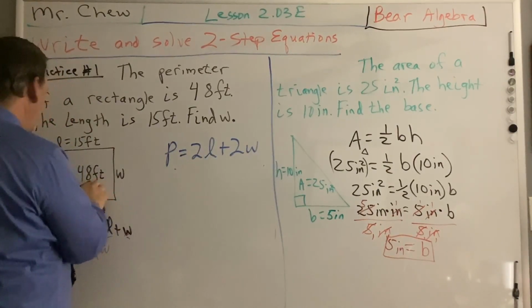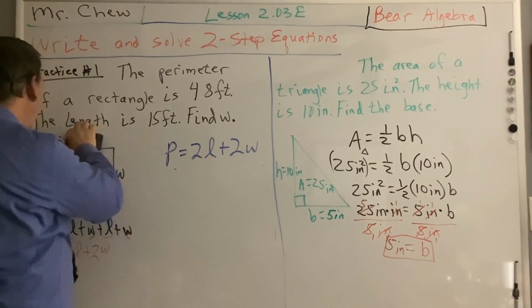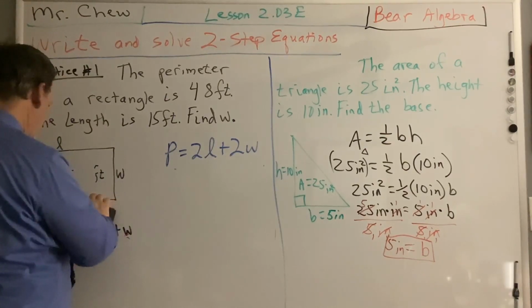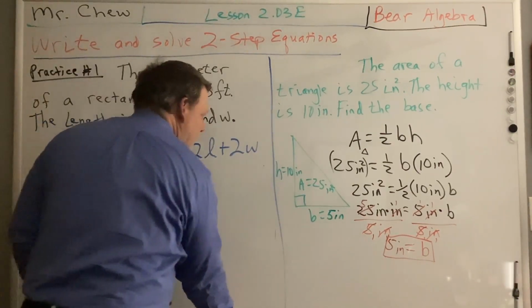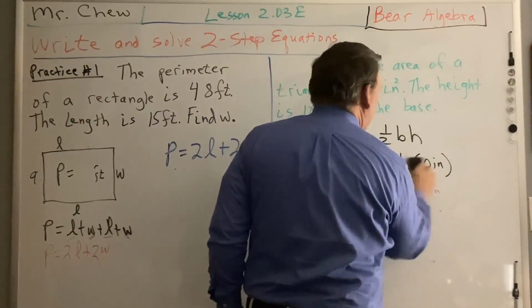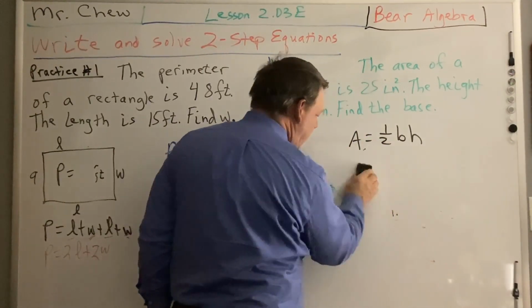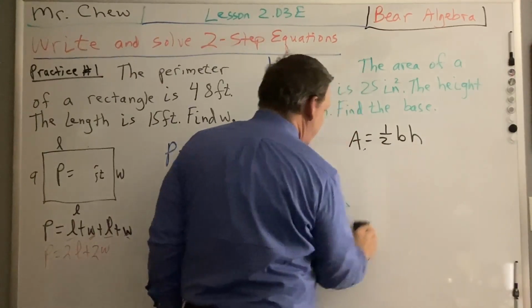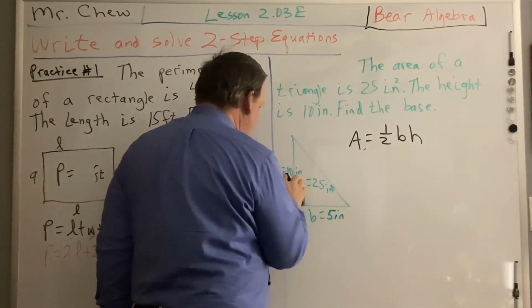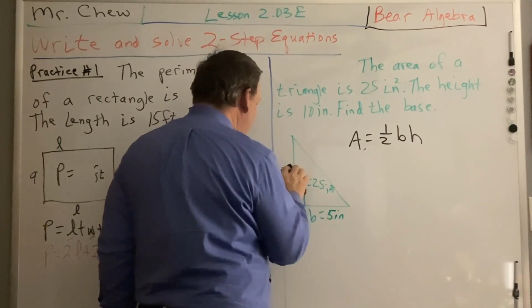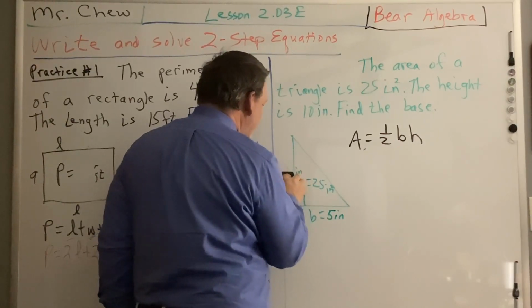Now the numbers are going to be different. And over here, we'll use the same formula, but the numbers will be different to see if you can try one on your own to get it right after seeing us work the examples.